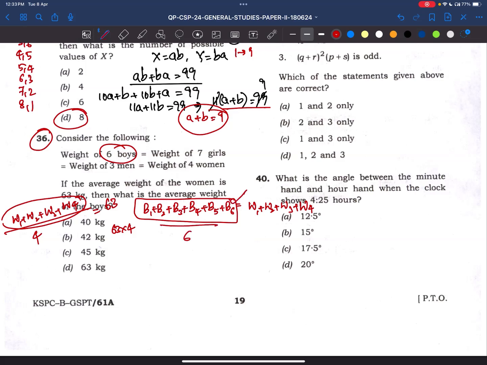The value of the sum of 4 women is 63 into 4. So the answer is 63 into 4 by 6. 3 2s are 6, so 21 by 2. Answer is 42 kgs.